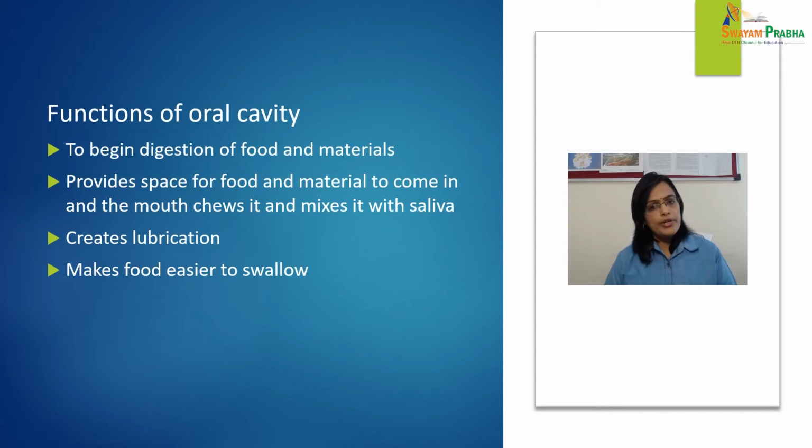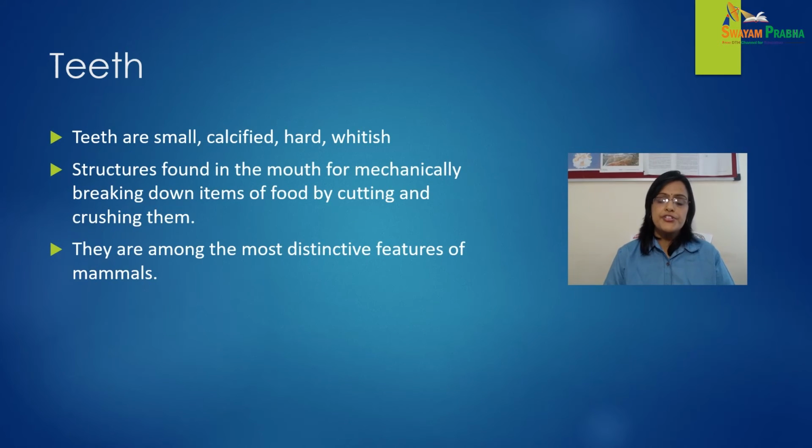Moving to the next part of this module, which is about the tooth. Teeth are small, calcified, hard, whitish structures found in the mouth for mechanically breaking down food by cutting and crushing it.